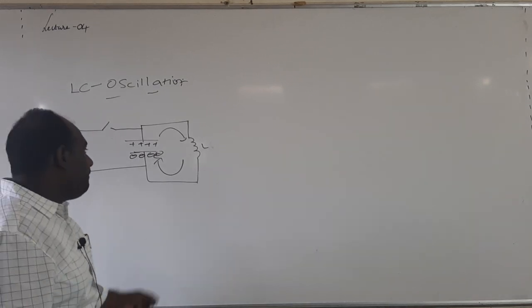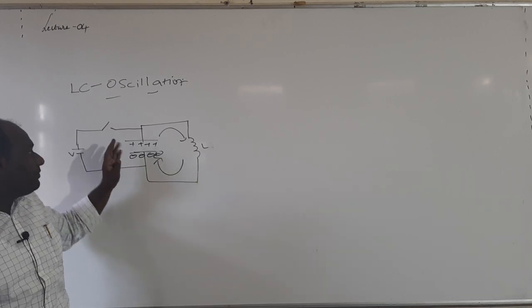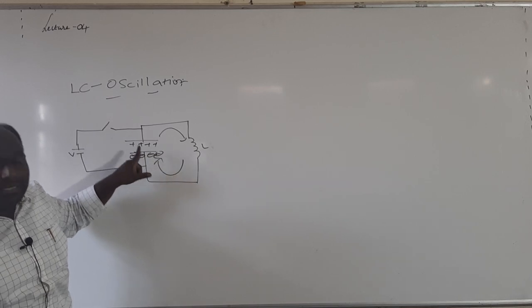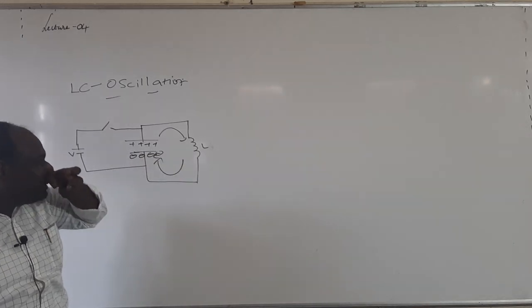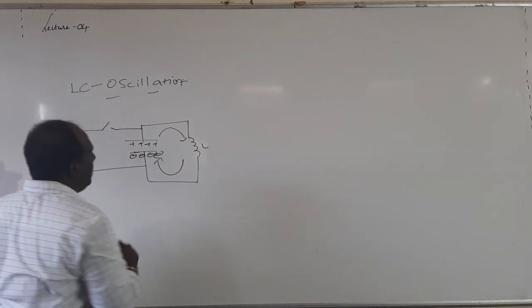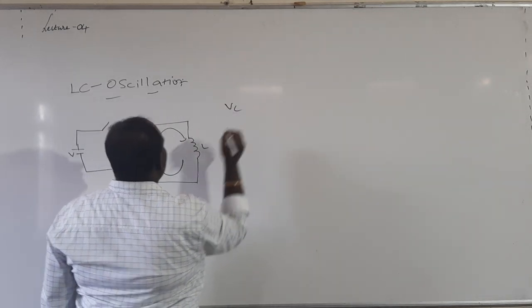Once again repeating, once we stop the battery, the charge stored in the capacitor starts discharging. The inductor opposes the growth. If we apply Kirchhoff's law for this circuit, VC is the voltage across the capacitor.